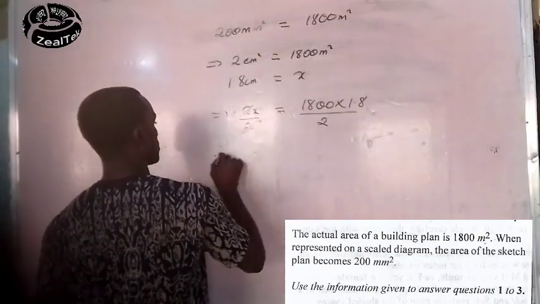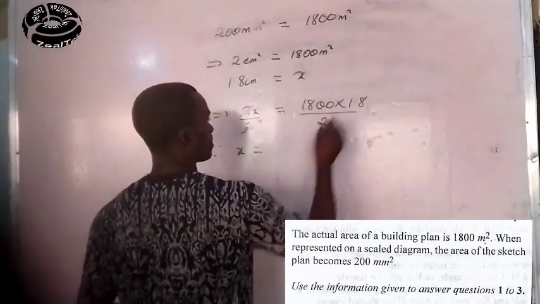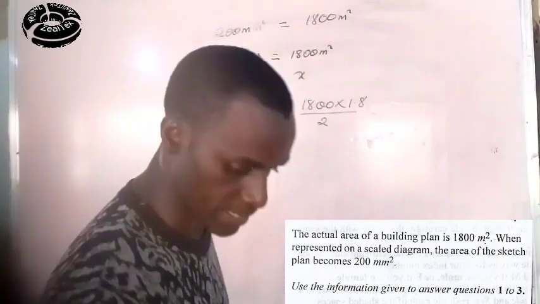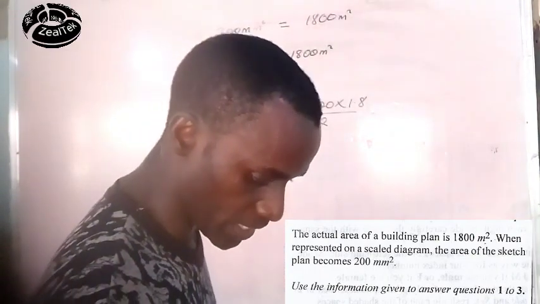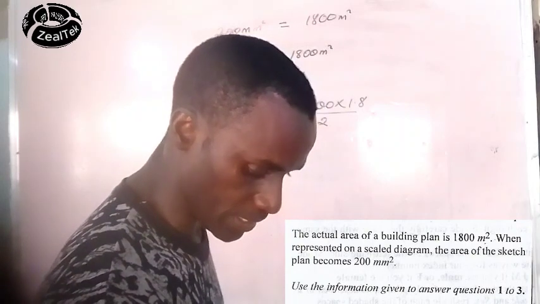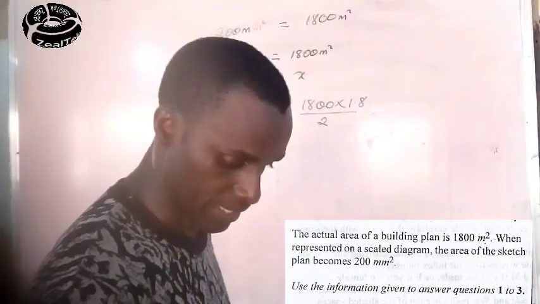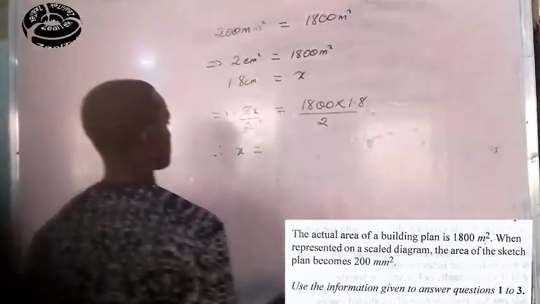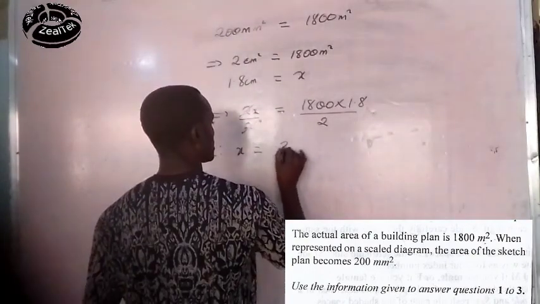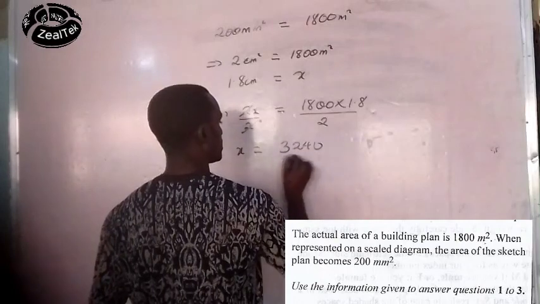This one will cancel. Now we have x is equal to 1800 multiplied by 1.8. What I'm having now is 3240 divided by 2.